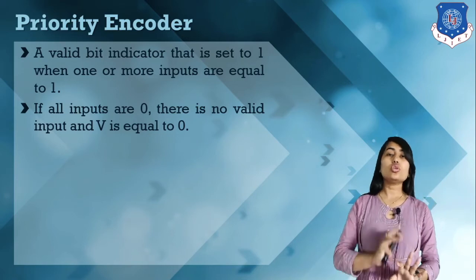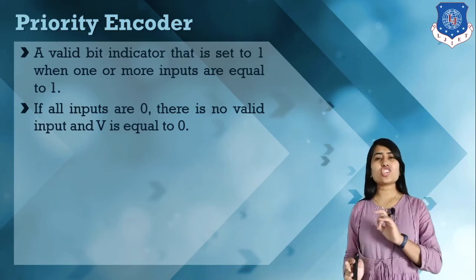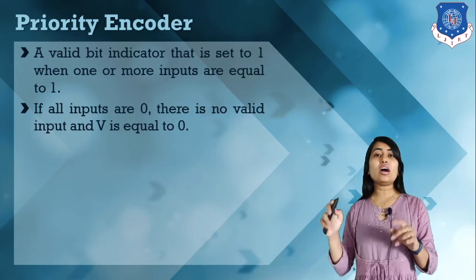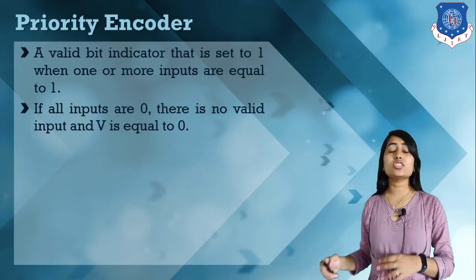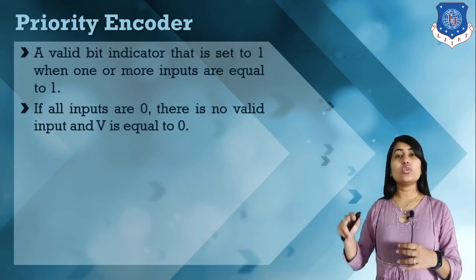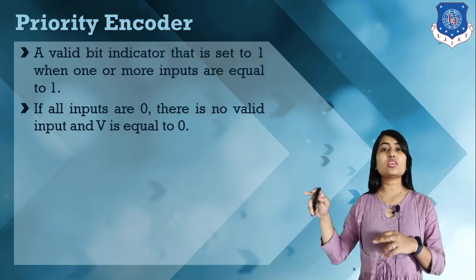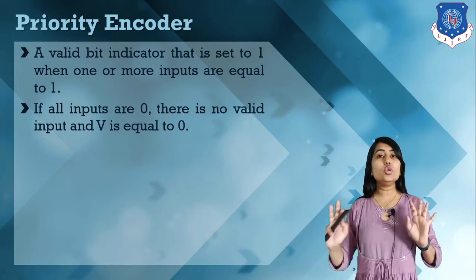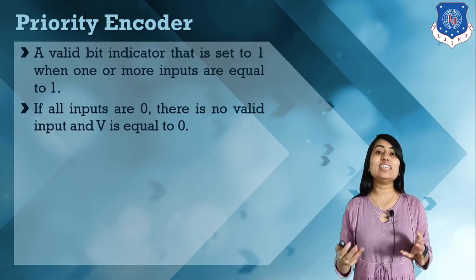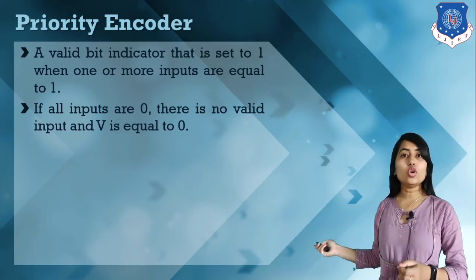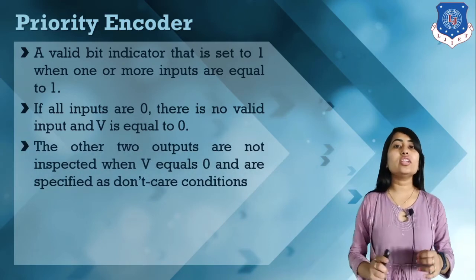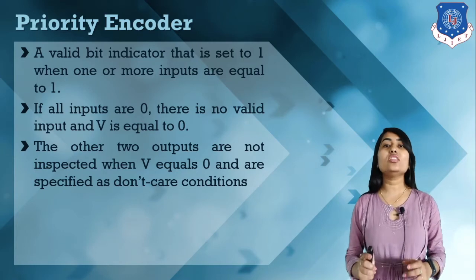So we check this V bit, and according to that V bit we have our results. We have results when V is equal to 1. If V is equal to 0, then we have no output because there are no valid inputs. In a priority encoder, the priority is decided by the subscript number.